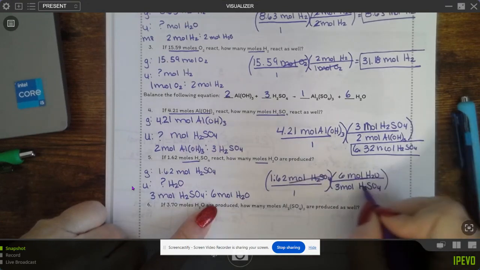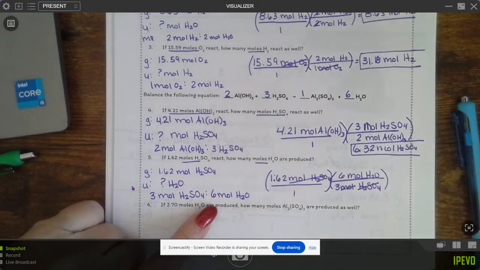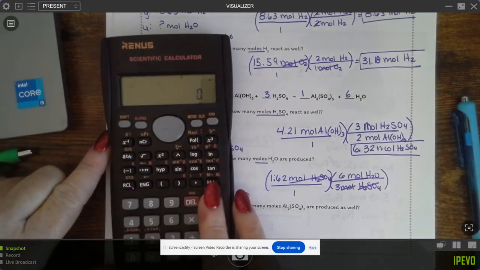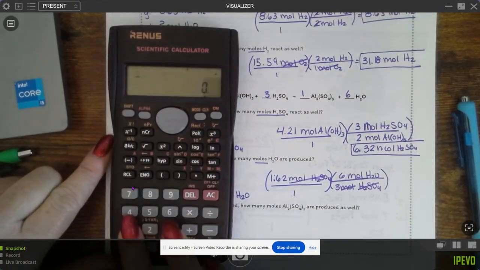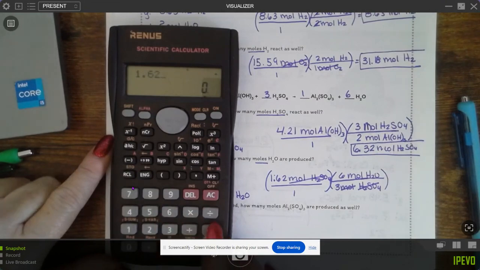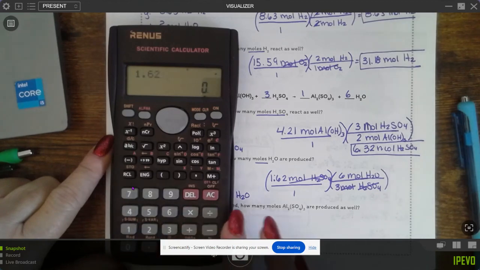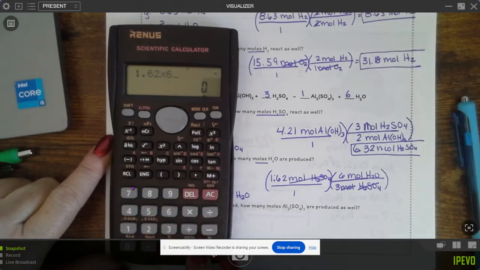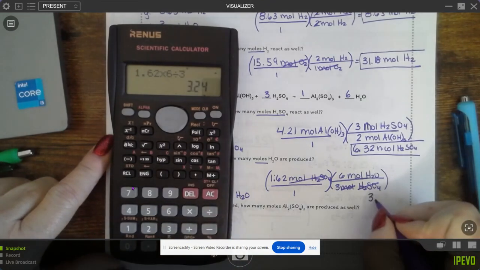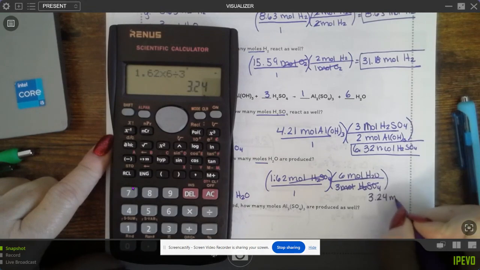Our moles of H2SO4 will cancel, and we are going to do 1.62 times 6 divided by 3. And I get 3.24 moles of water.